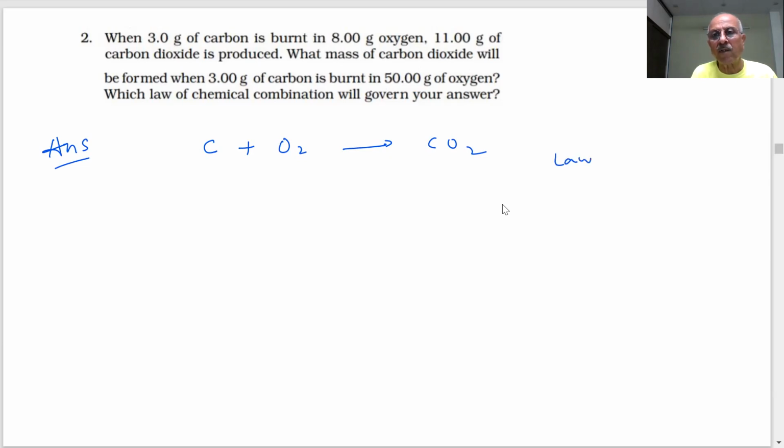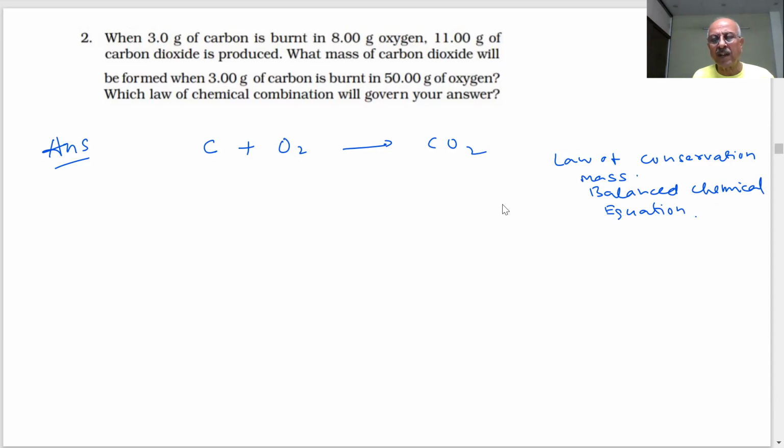What does balanced chemical equation mean? We are going to do this in the next class also, which we have already uploaded on YouTube. The number of atoms on the left must be equal to the number of atoms on the right because atoms cannot be created or destroyed. They are exchanged in a chemical reaction.